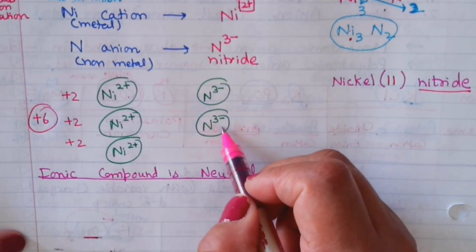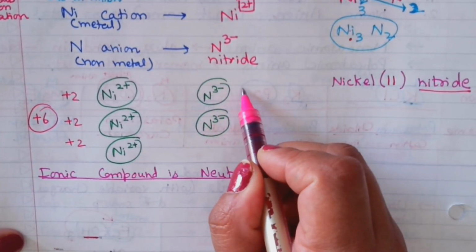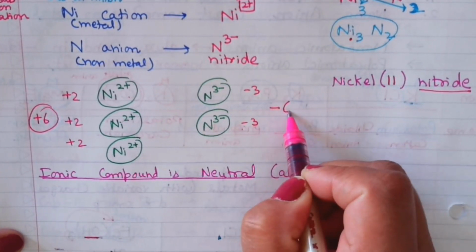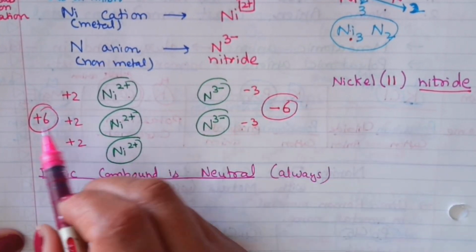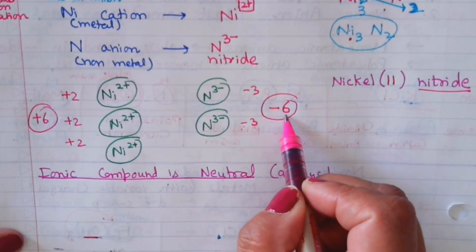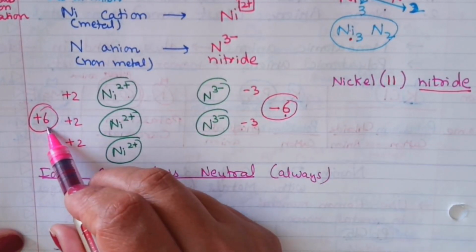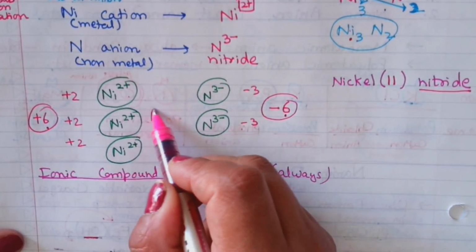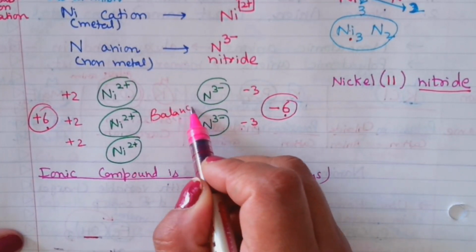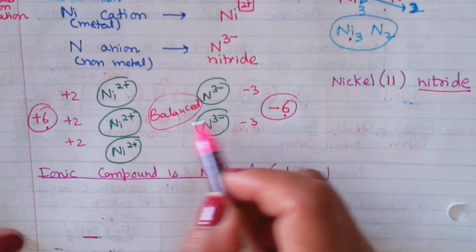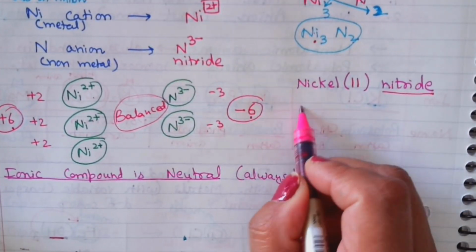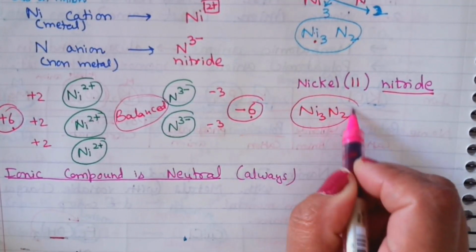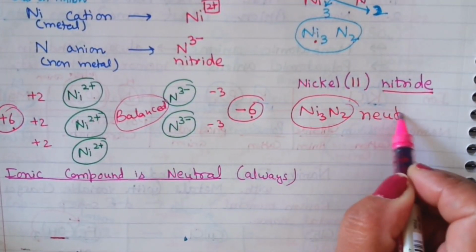And look at the nitride charges, -3, so 2 of them, a total charge of -6. So -6 is balanced by +6. So both the charges are balanced. So that is why Ni3N2 is a neutral compound.